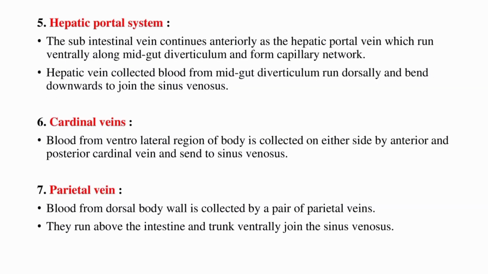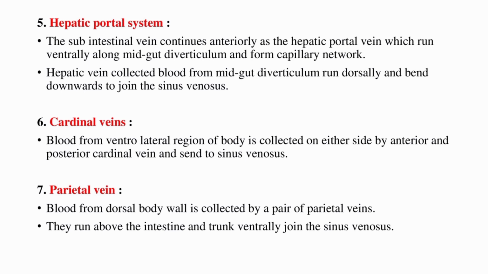Next one, hepatic portal system. The subintestinal vein continues anteriorly as the hepatic portal vein, which runs ventrally along the midgut diverticulum and forms a capillary network. The hepatic vein collects blood from the midgut diverticulum, runs dorsally and bends downwards to join the sinus venosus.